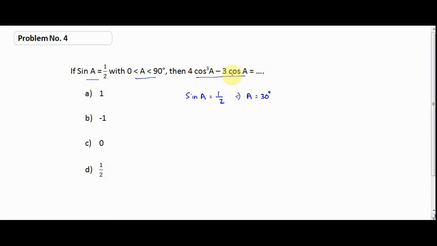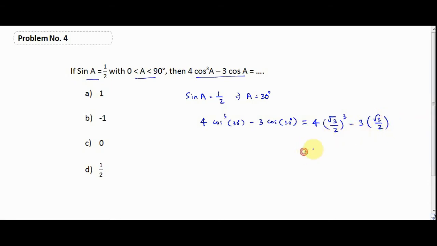We may substitute that here. So what we get is 4 cos cubed of 30 degree minus 3 cos of 30 degree. Now we know that cos 30 degree is root 3 by 2. So this expression can be rewritten as 4 into root 3 by 2 whole cube minus 3 into root 3 by 2. Now here root 3 by 2 is common in both these terms.